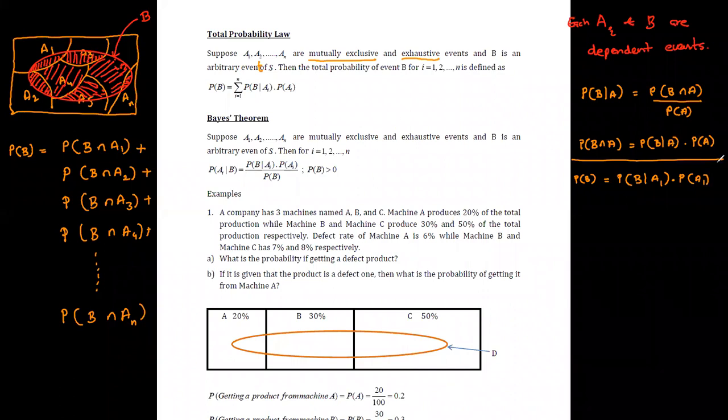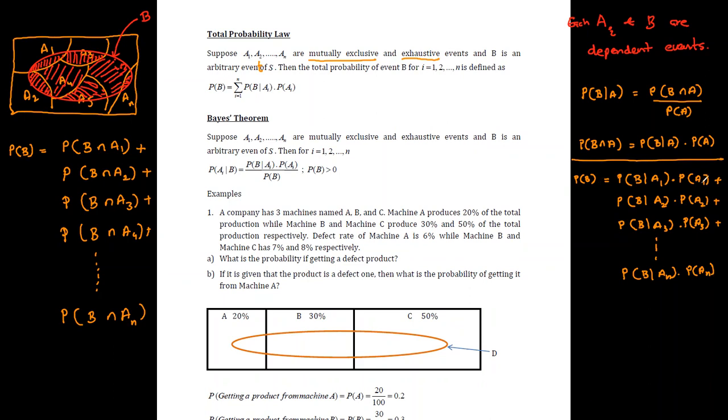Instead of the intersection, we use this equation. Then this is added to probability of B given A2 times probability of A2. Likewise, for the third event, B given A3, plus, and so on, for the nth event, probability of B given AN times probability of AN.